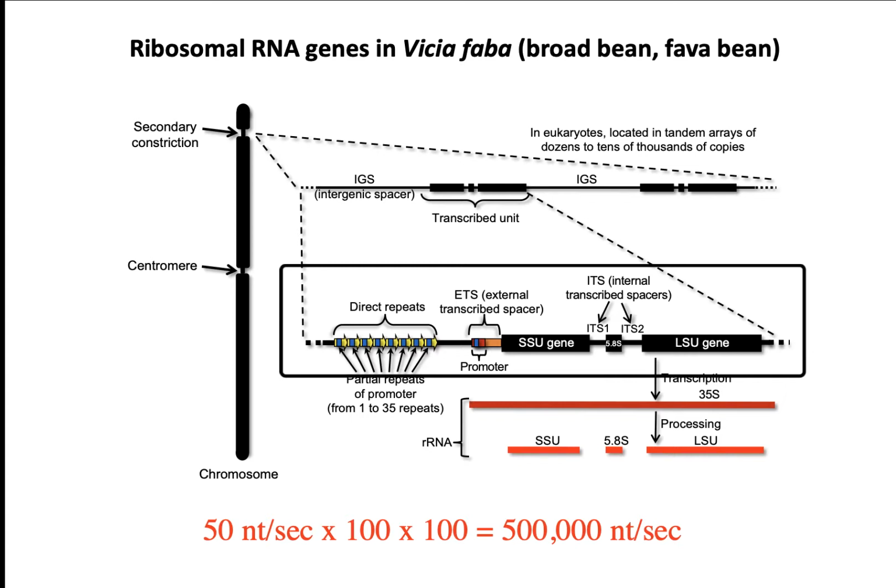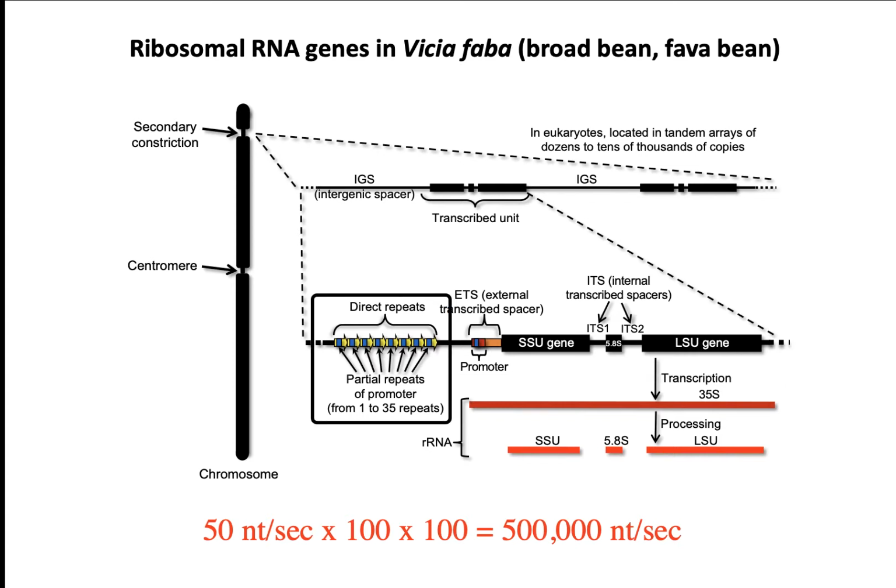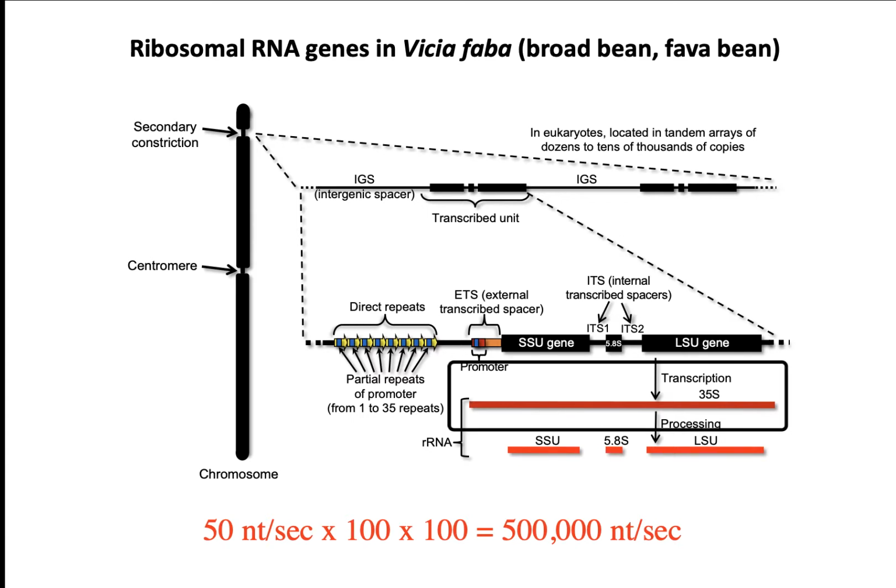There's the promoter, and then there are these repeats where RNA polymerase Pol I stacks up in preparation for transcription, starting from the promoter. So there's the DNA that's transcribed into RNA, usually a 35 to 45S piece that contains the entire region.